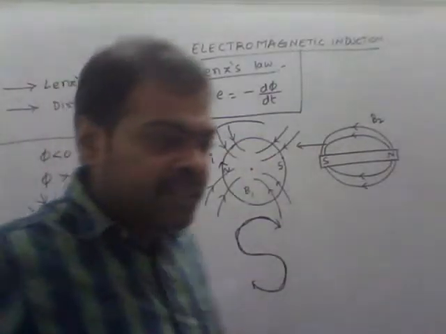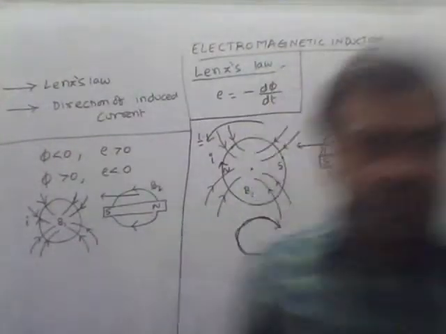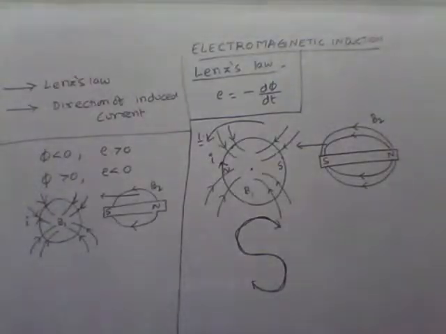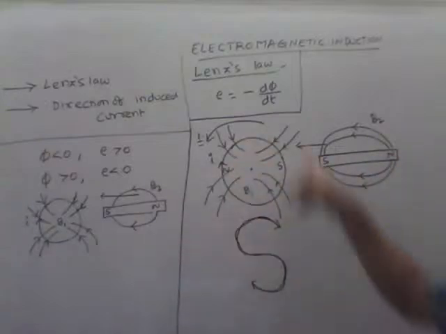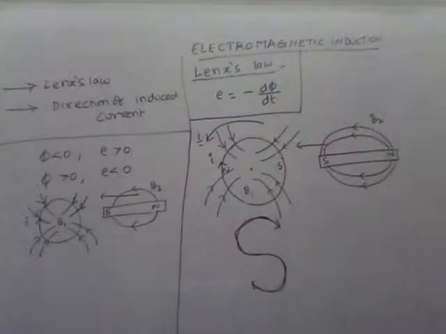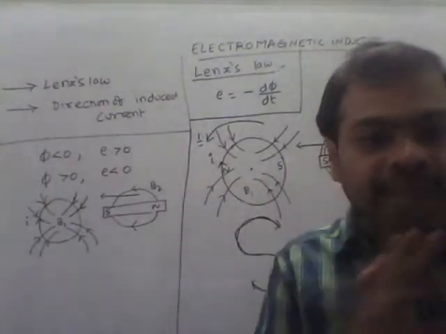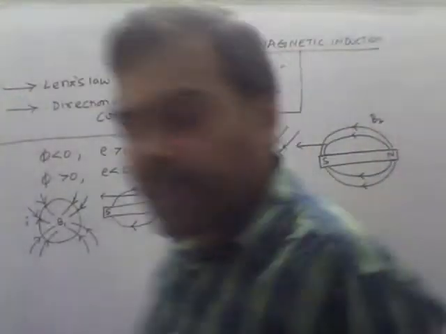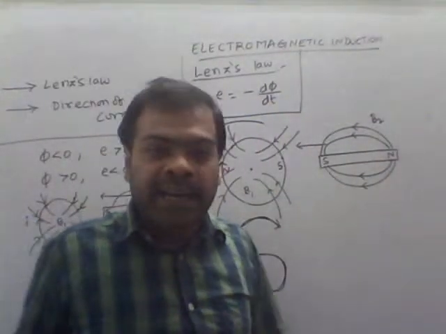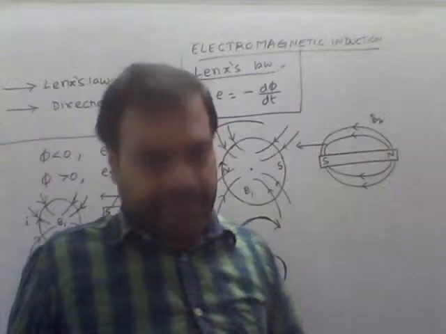So before finding the direction of the induced current, we see whether one conductor is repelling the other conductor or attracting the other conductor.